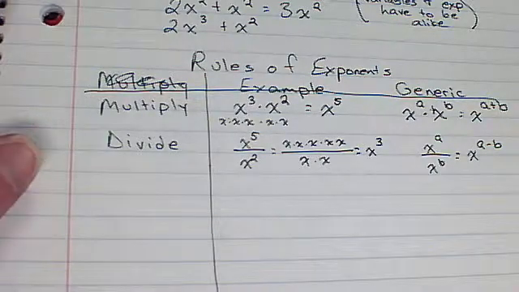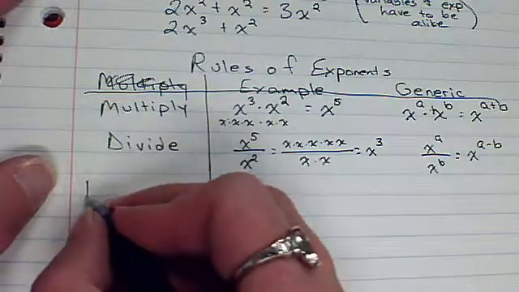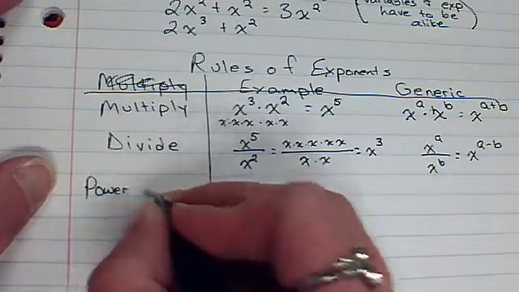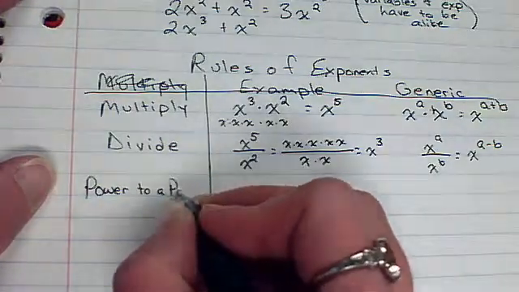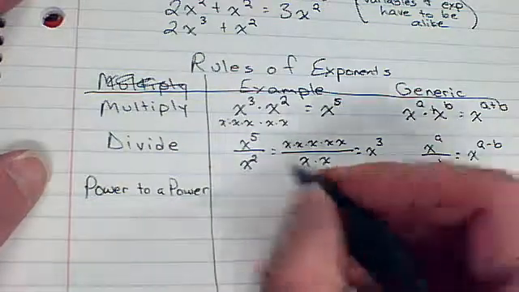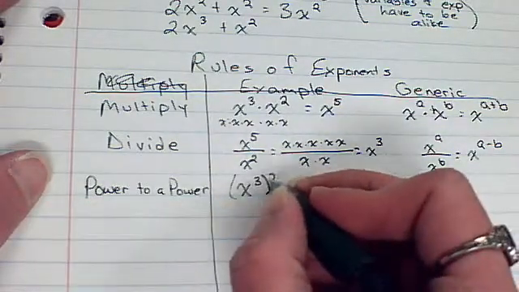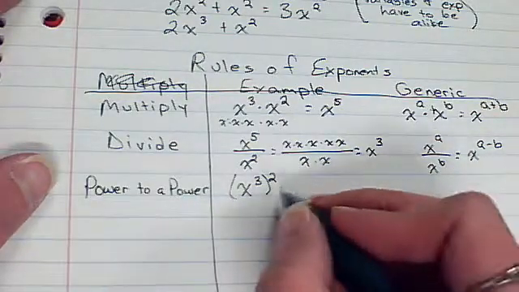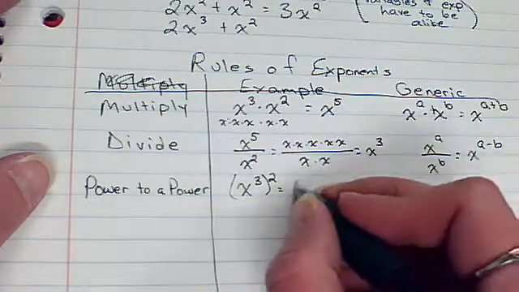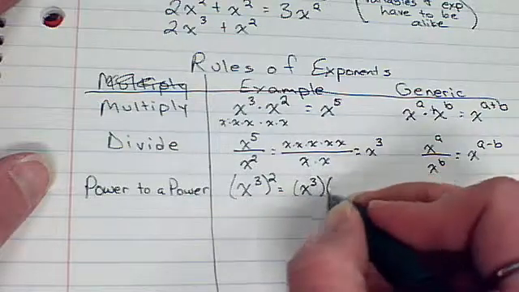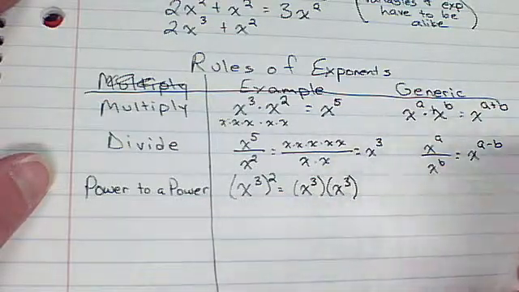Now, the one that is most messed up is actually power to a power. That's when I have, let's say, x cubed squared. Remember, when you square something, that really means to take x cubed times x cubed.